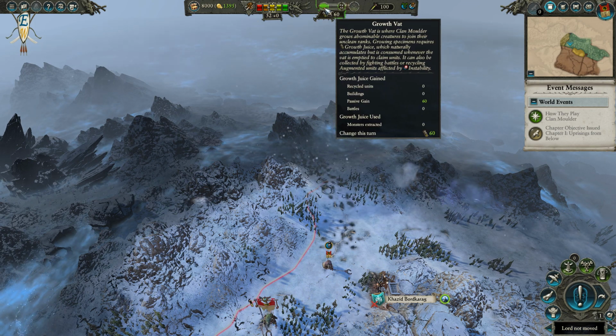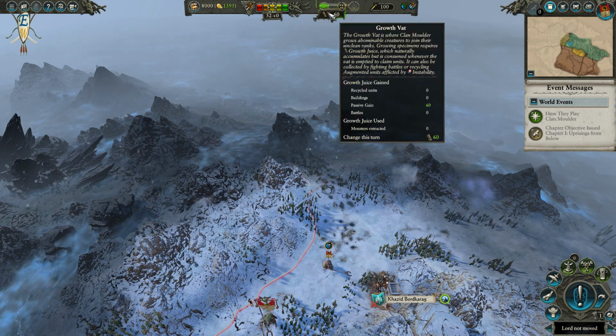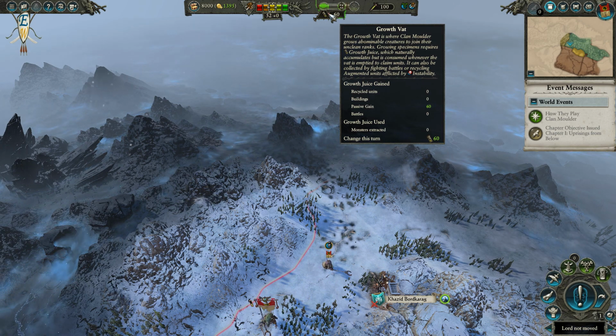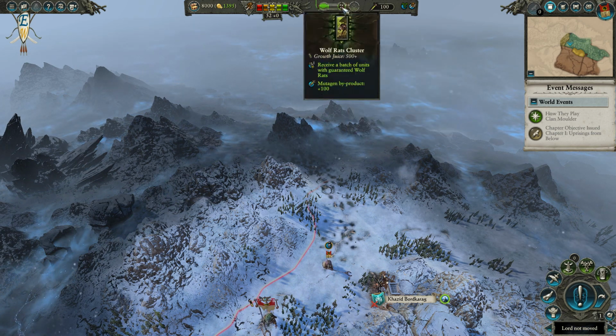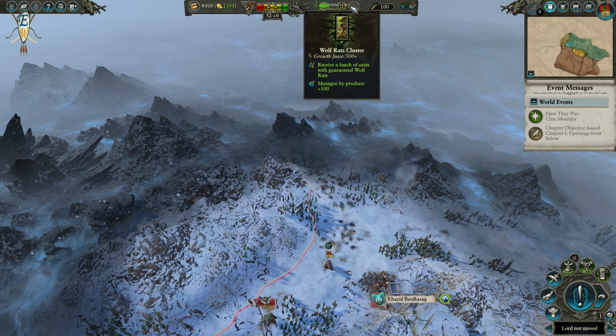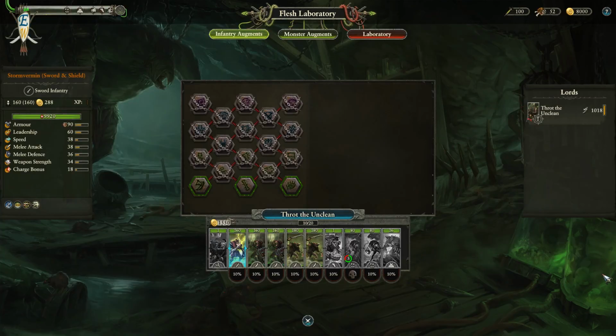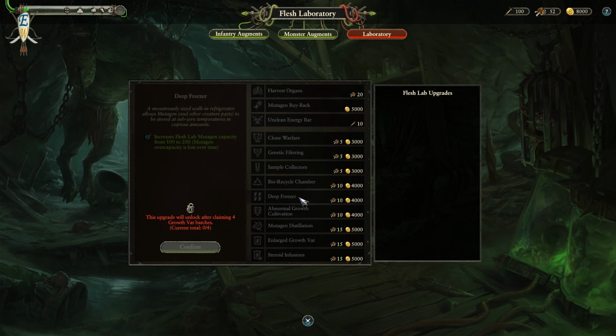You acquire growth juice over time by doing certain things: recycling units, buildings, passively gaining, battles, everything like that. And then this is the unit that you'll get this time, and then you can claim them. If you come to this button down here, this is the Flesh Laboratory. So what you can do, you can basically augment all your infantry, your monsters, and you can also create other stuff as well.